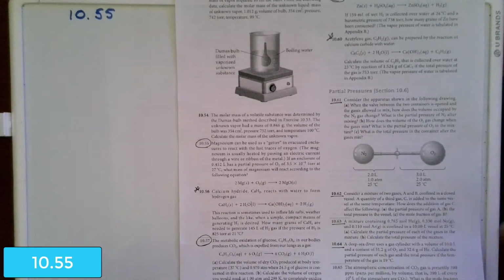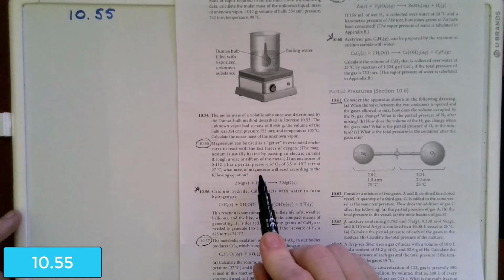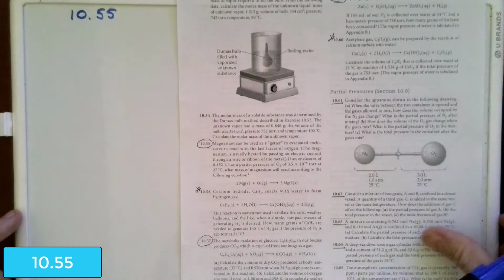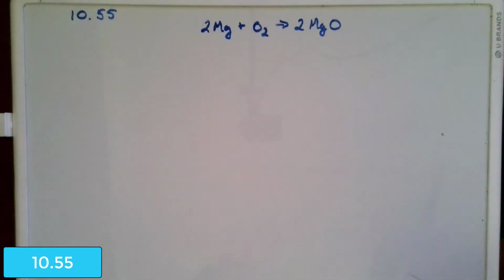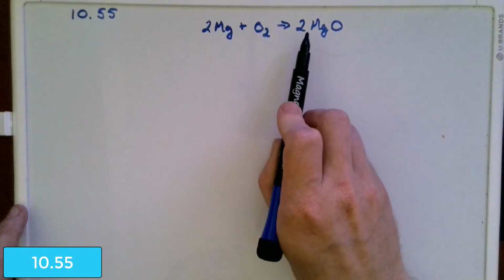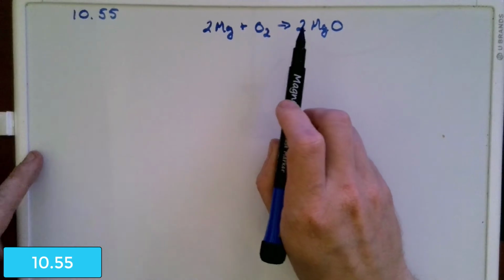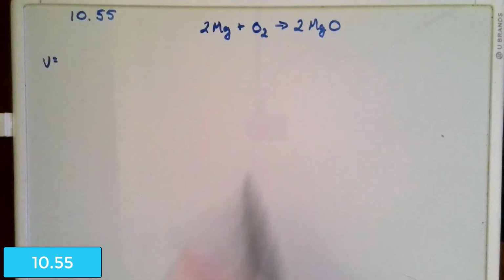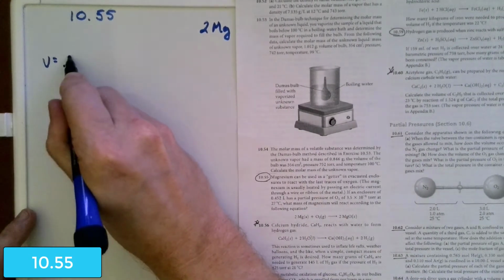In this problem, we have to calculate the amount of magnesium in grams that will be necessary for these following conditions. Let's take a look at what we know. We are currently given the formula: 2 magnesium plus an oxygen results in 2 magnesium oxide. Let's see what we know from our variables. I see that the volume of this chamber and the volume of the gas present is 0.452 liters.